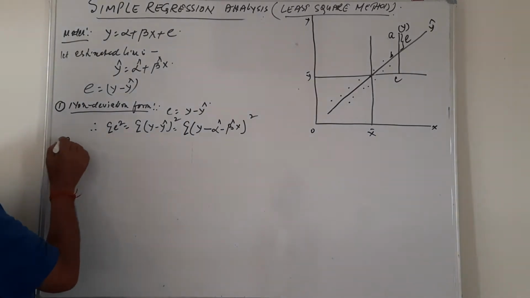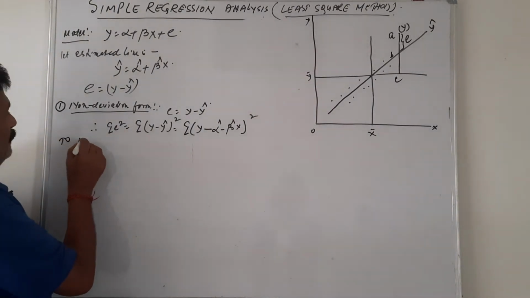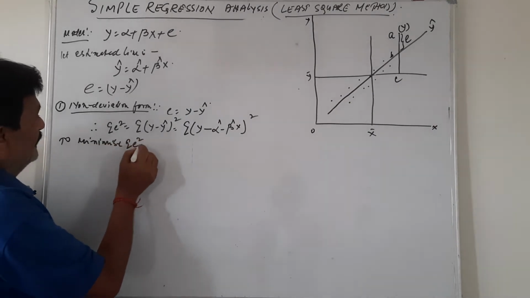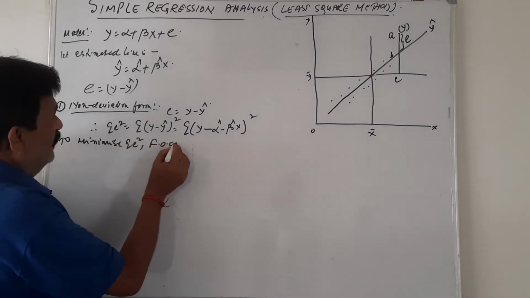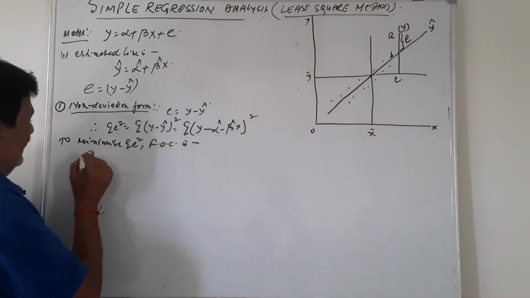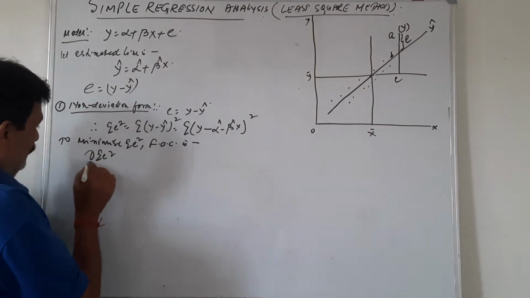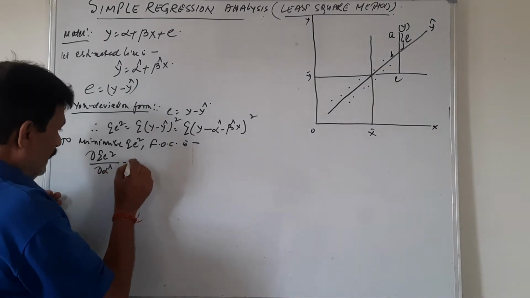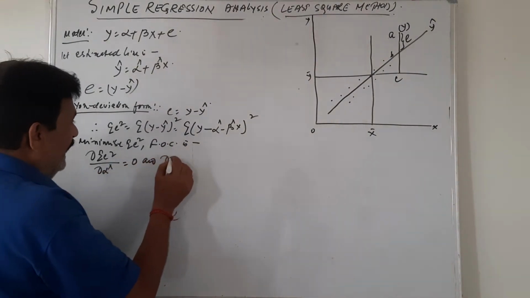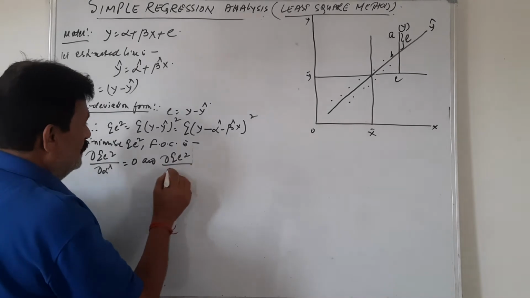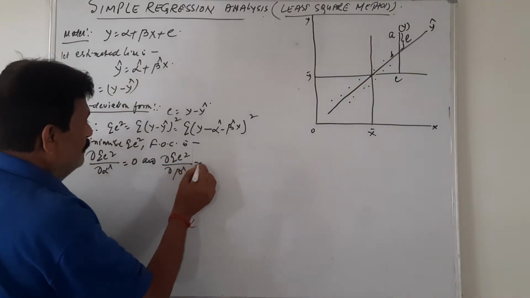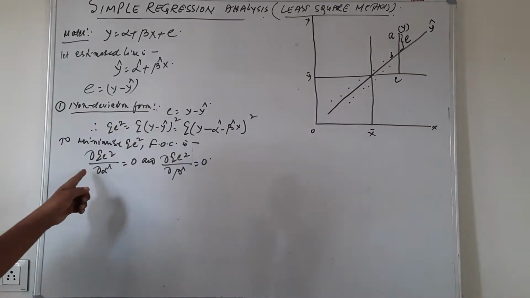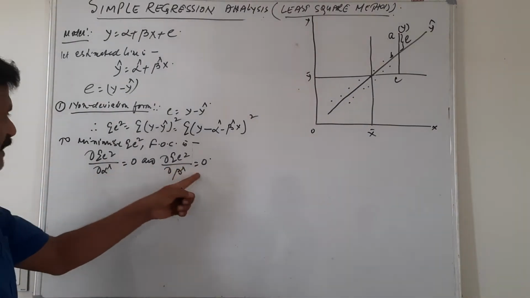Now to minimize summation E square, the first order condition is delta summation E square by delta alpha cap equals 0 and delta summation E square by delta beta cap equals 0. So these two partial derivatives have to be equated to 0.